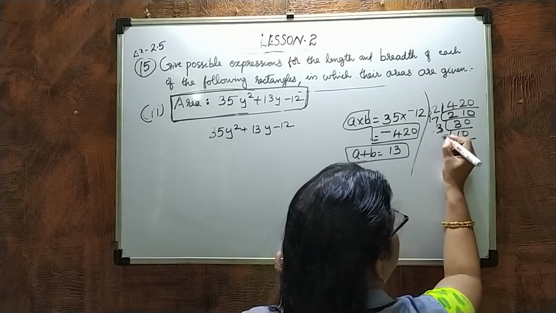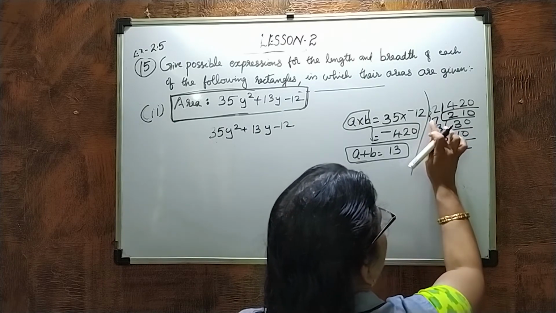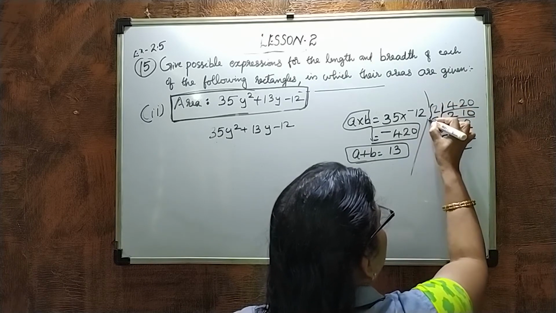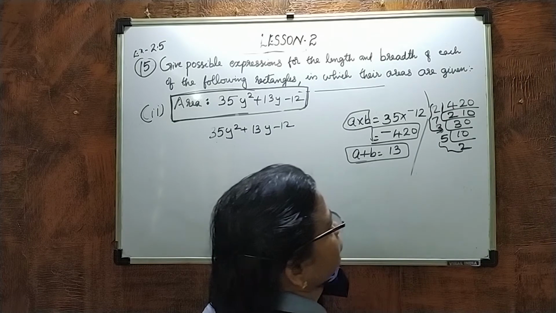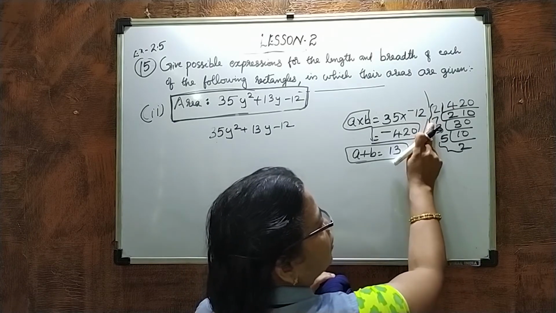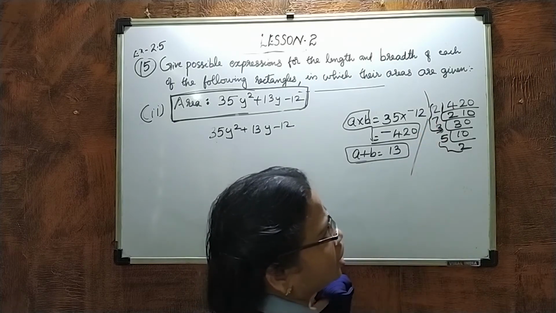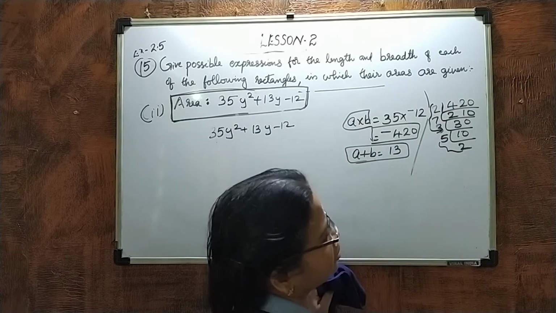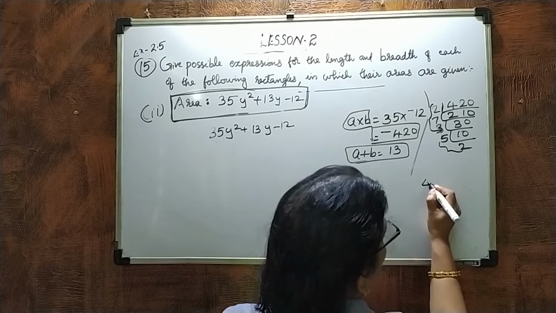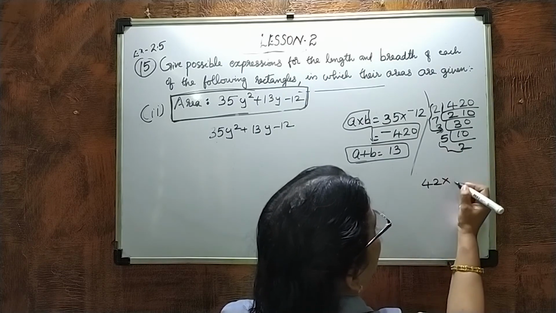3, 5, 2 are there. Next, now we will take like this: 2, 7, 3 and 5 into 2. 2 into 7 is 14, 14 into 3, or it is 3 into 2 is 6, 6 7s are 42, and 5 into 2 is 10.